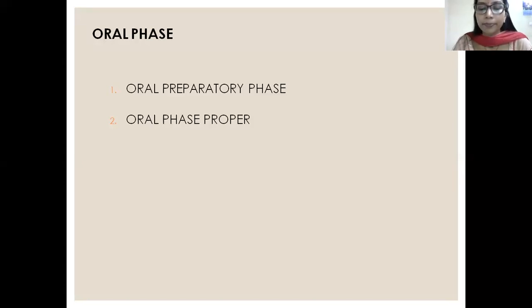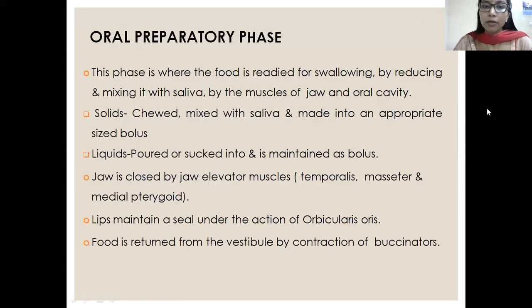So the oral phase, or the first phase of deglutition, is divided into an oral preparatory phase and an oral phase proper. The preparatory phase is nothing but the phase where the food which you have taken into your mouth is readied for swallowing.